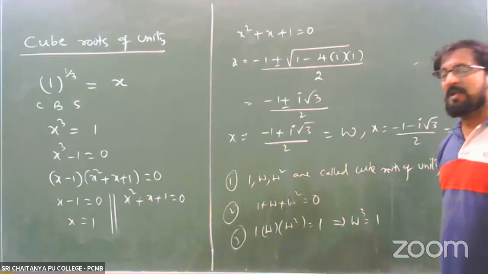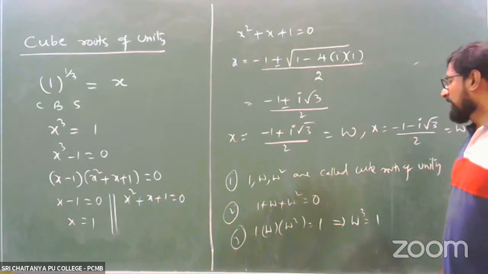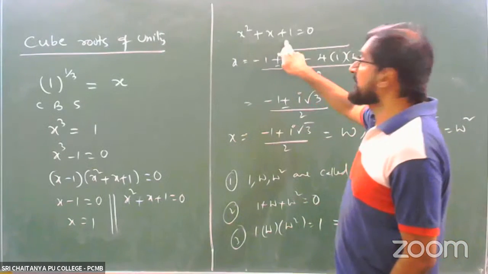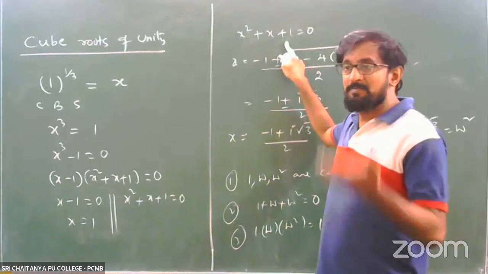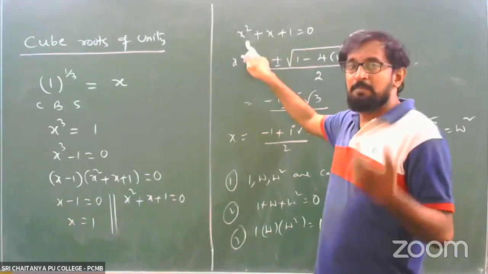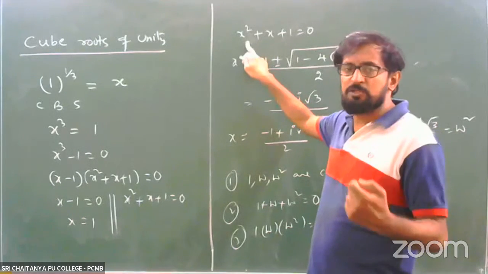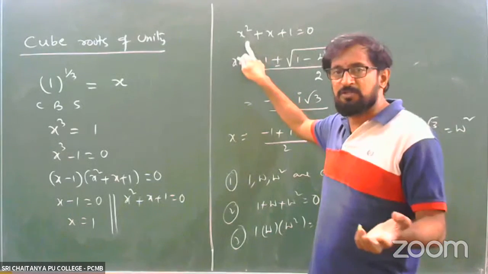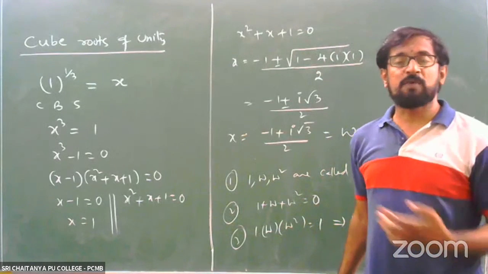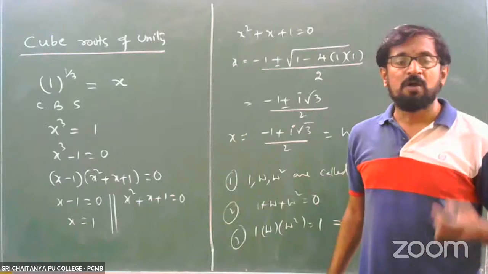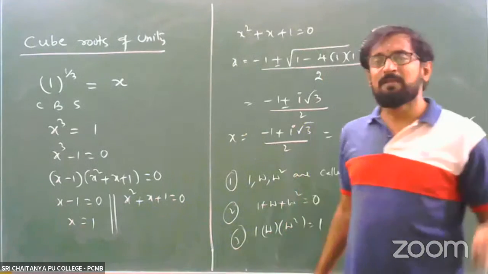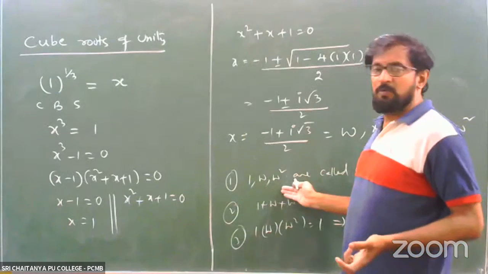1, omega, omega square are the cube roots of unity. Wherever you get this equation, you may get it in terms of p, q, z, x like that. But wherever you get x square plus x plus 1 is equal to 0, p square plus p plus 1 is equal to 0, z square plus z plus 1 is equal to 0, then you can consider the z value or p value or x value as omega or omega square.